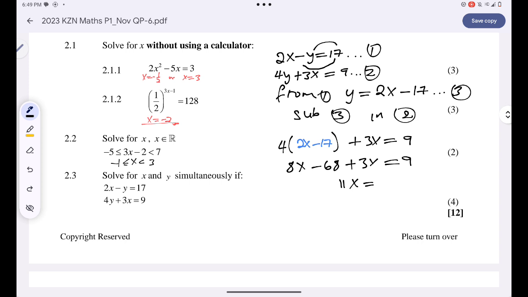And then whenever I take 68 to the other side, it will be positive. So I'll simply have 68 plus 9. This will give me 77. When I divide both sides by 11, x will be equal to 7.